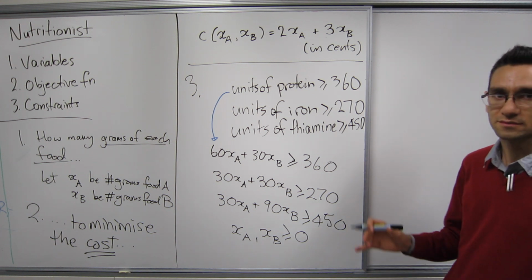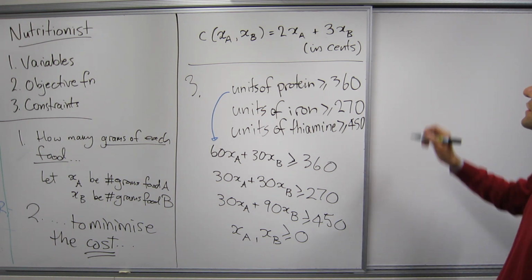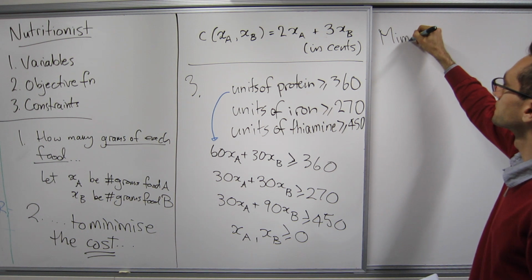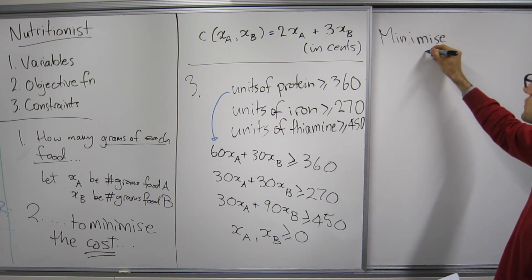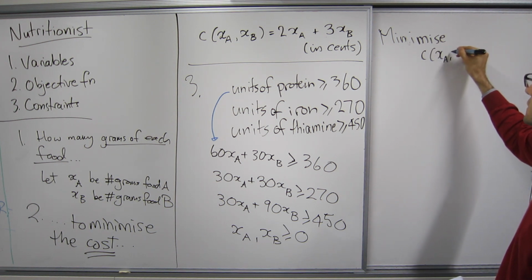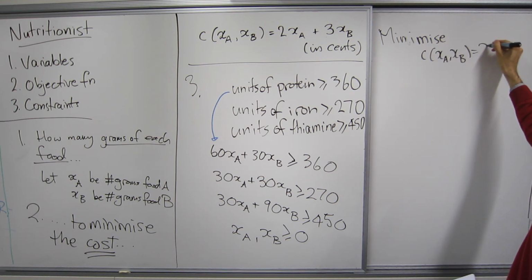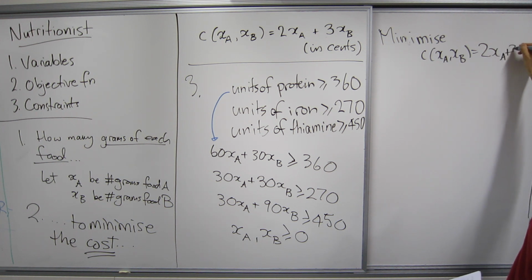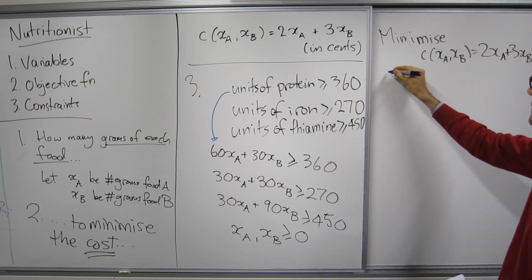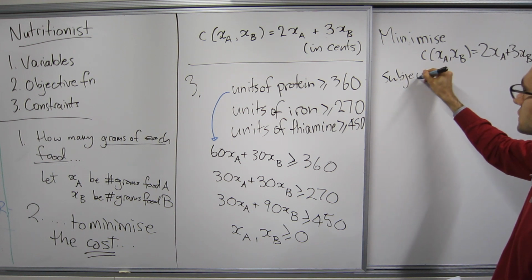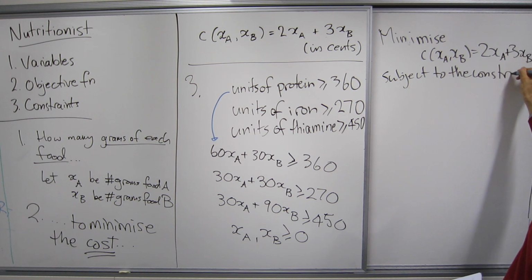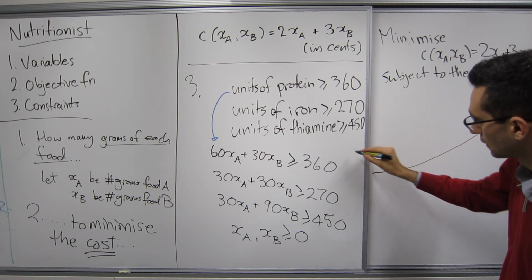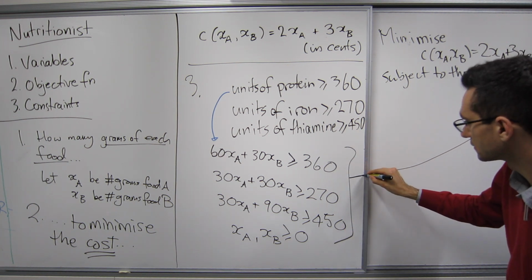To express the problem in a purely mathematical form, we can say we want to minimize the function C(XA, XB), which is 2XA plus 3XB, subject to the constraints as follows here.